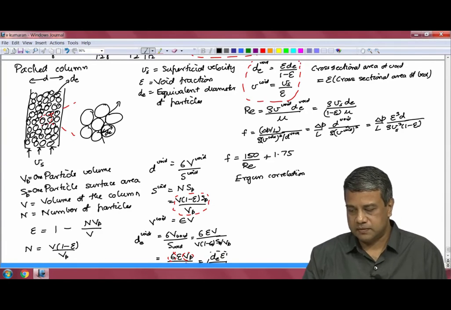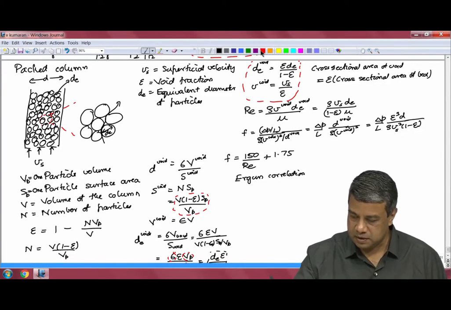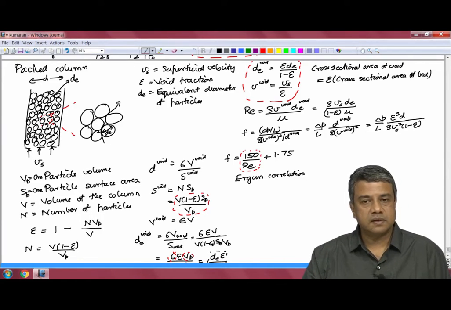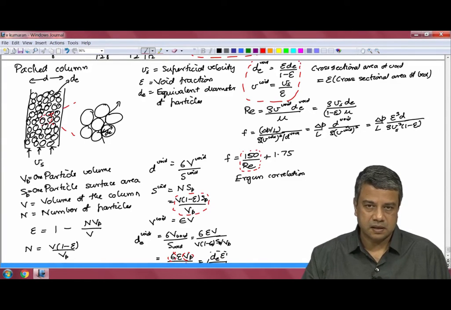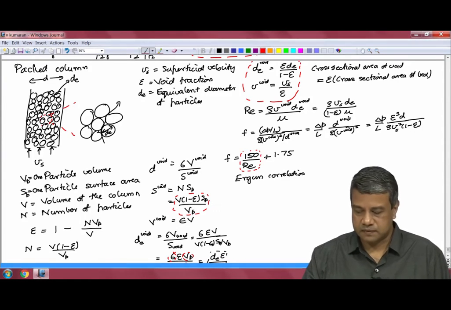At low Reynolds numbers, when the Reynolds number is small, this term becomes dominant. Friction factor goes as 1 over Reynolds number. When the friction factor goes as 1 over Reynolds number, the viscous effects are dominant, and the friction factor does not depend upon the density of the fluid anymore.